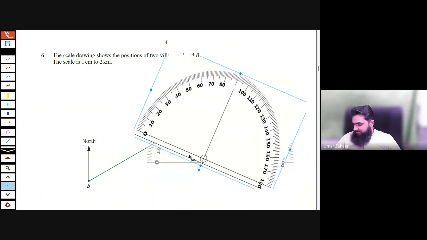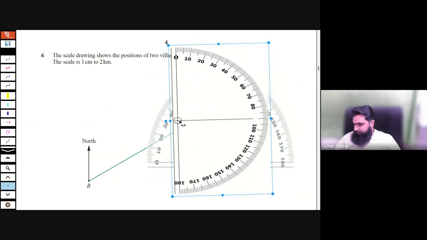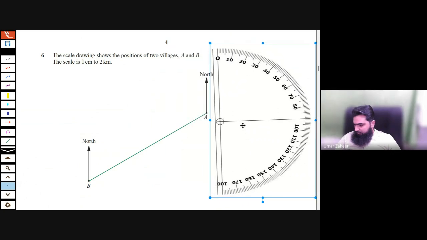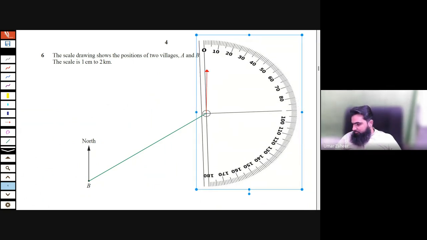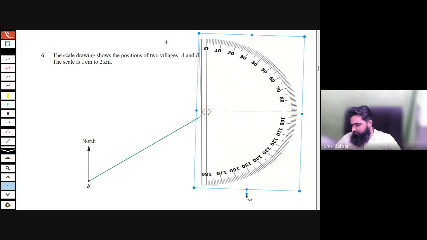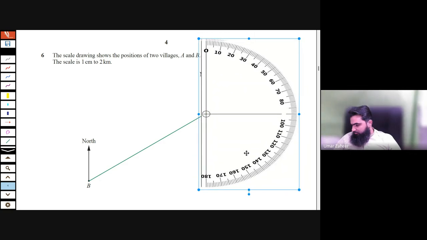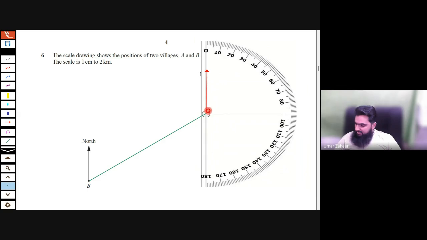So let's see how to find it. This must be on the cross, okay? Exactly.